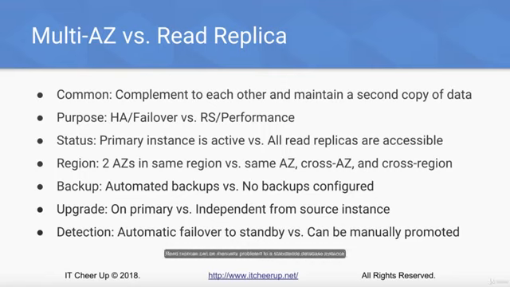Read replicas can be manually promoted to a standalone instance. In conclusion, you can combine multi-AZ deployments and read replicas to enjoy the benefits of each. For example, you can configure a source database as multi-AZ for high availability and create a read replica in a single AZ for read scalability.